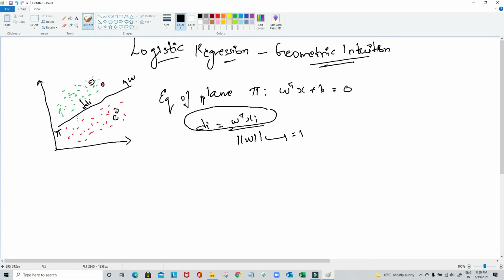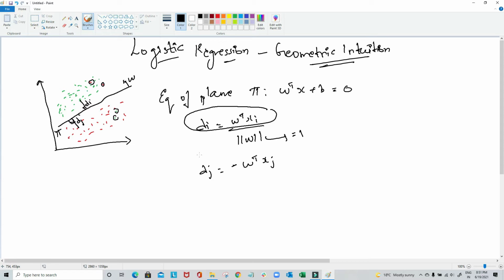If we have to find the distance from the hyperplane to a negative point, let this distance be dj. The distance dj can be calculated with the same formula, but the only difference is this point is opposite to the direction of the hyperplane, so this would be negative.